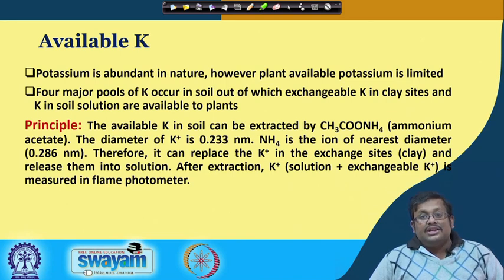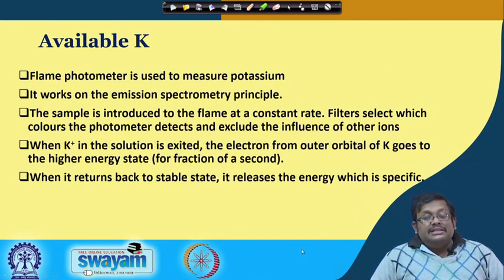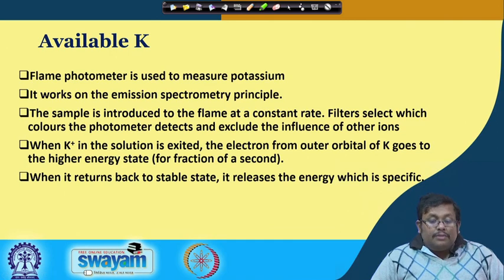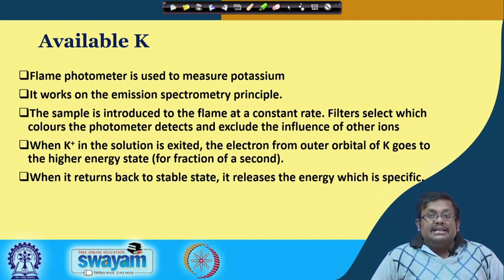So, after extraction, potassium, that is solution plus exchangeable potassium, generally we measure through flame photometer. Flame photometer we basically use for measuring potassium, and it works on the emission spectrometry principle, and the sample we introduce into the flame at a constant rate, and a filter selects which color the photometer detects and excludes the influence of other ions.